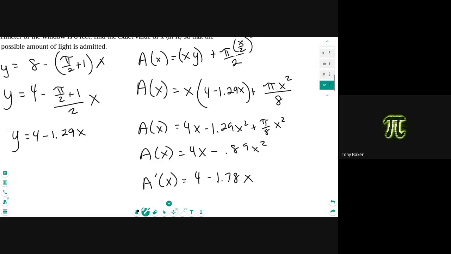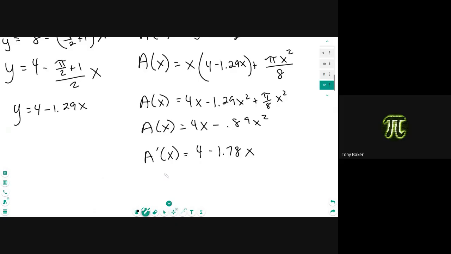We've got 4 divided by 1.7, 2.25. We plug it back in here. You get y equals 1.10.